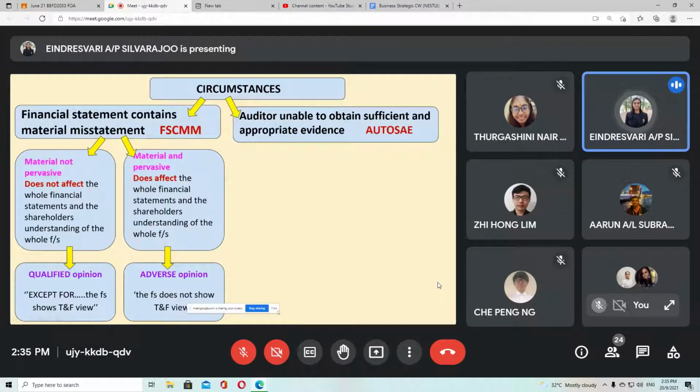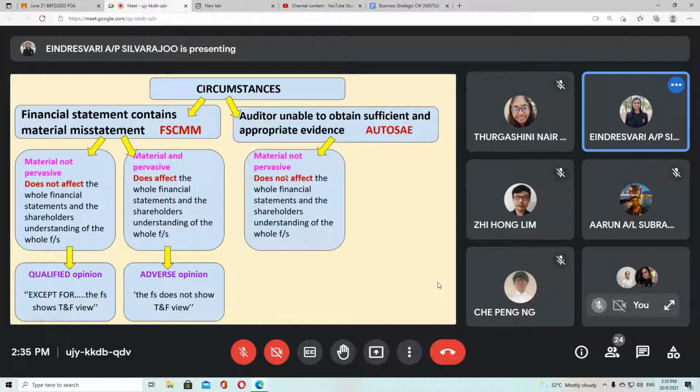Adverse opinion means the financial statement does not show a true and fair view. With material but not pervasive, it does not affect the whole financial statement and the shareholders' understanding, so this is a qualified opinion: except for that particular item, the financial statement shows a true and fair view.